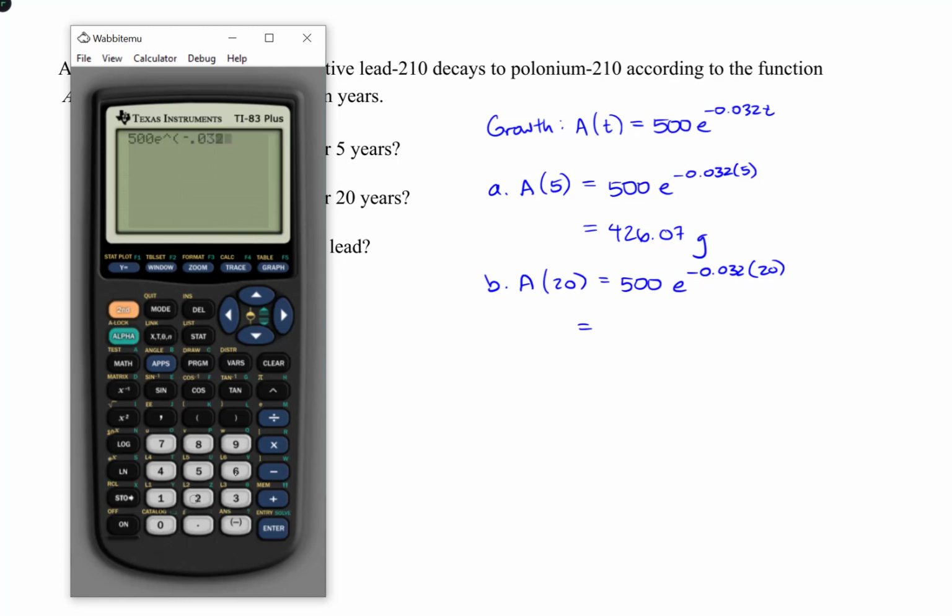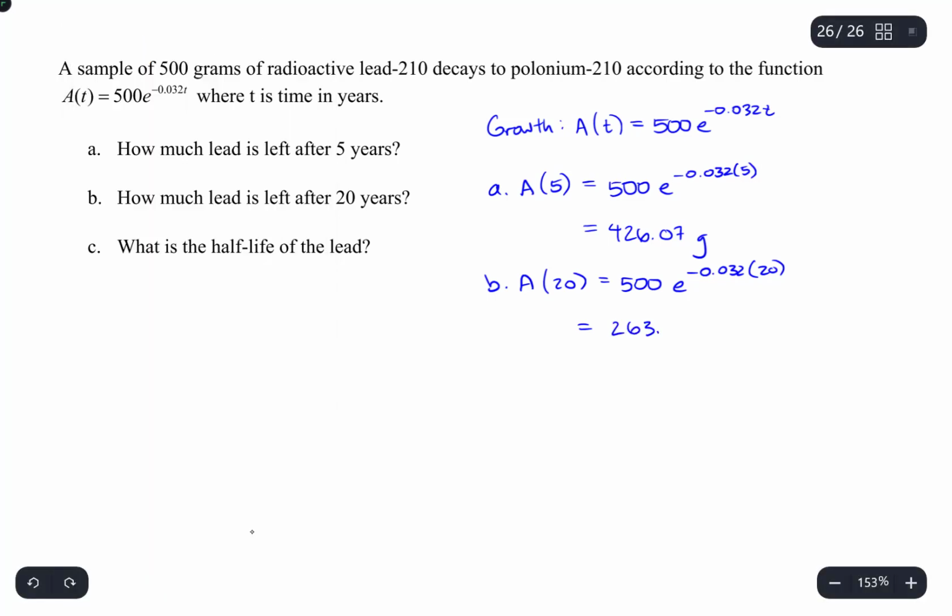So negative 0.032 times 20, and then close parentheses so that the calculator knows that everything in this multiplication is part of the exponent. So that gives me 263.65 grams.